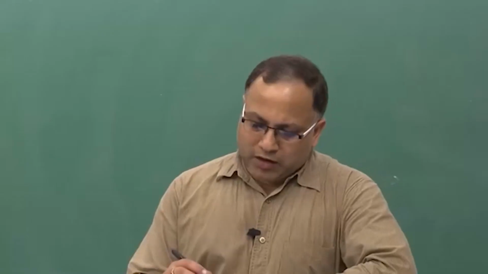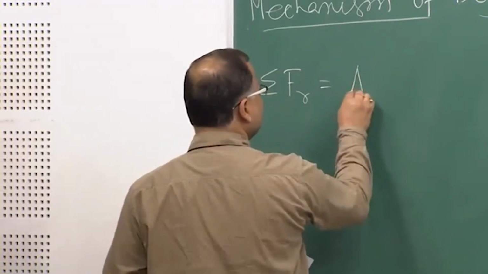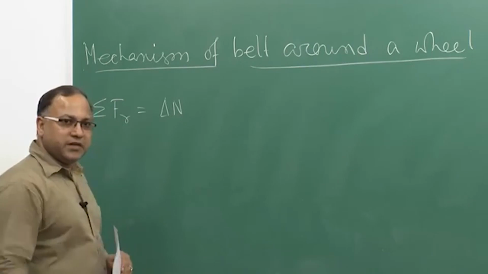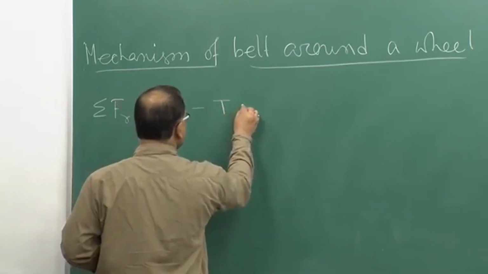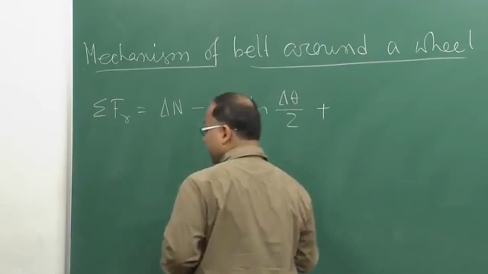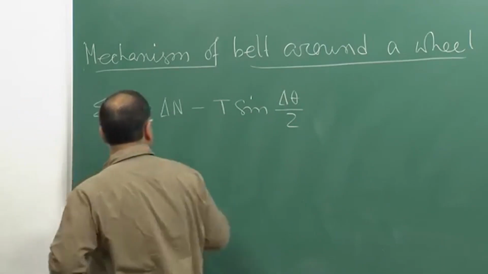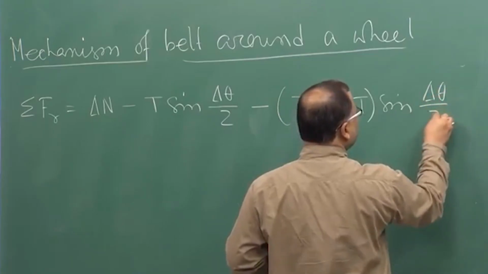The component of T, the component of T plus delta T, and of course delta N. If I consider the outward direction as positive, then delta N minus T sin(delta theta by 2) minus (T plus delta T) sin(delta theta by 2) is equal to 0.